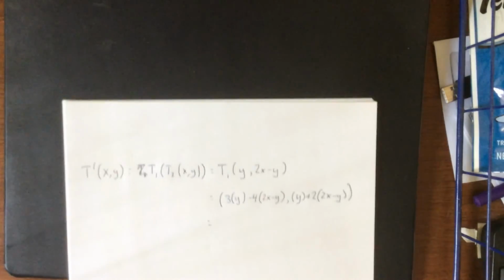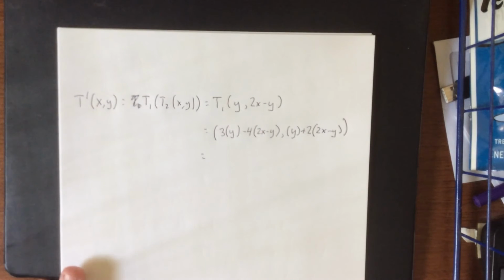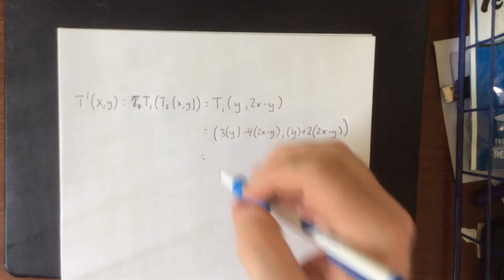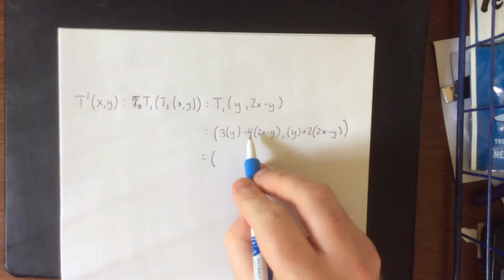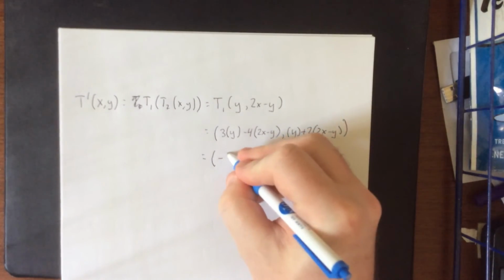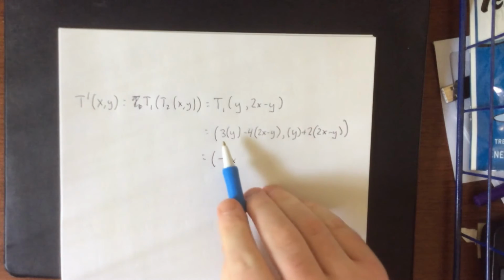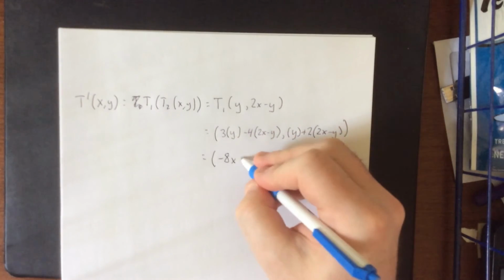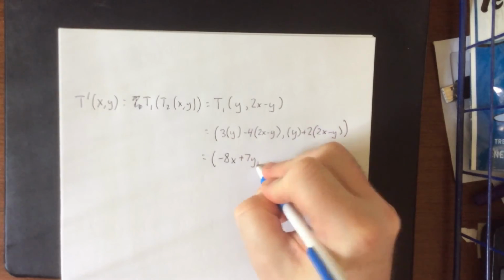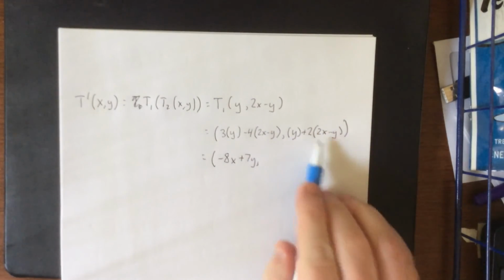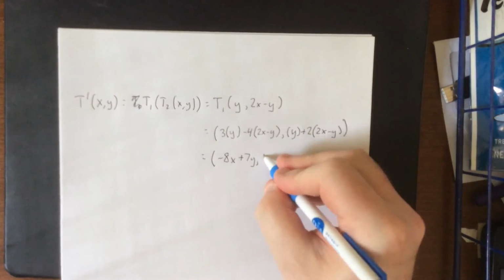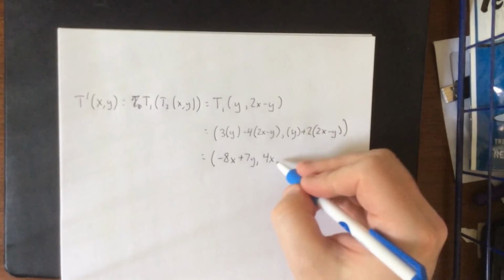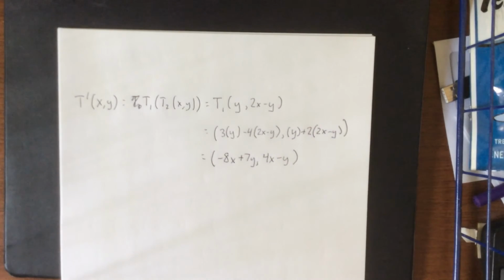Now that we have this copied down, let's recenter this. Once we distribute and combine like terms, for the first component I'm seeing negative 4 times 2x, and that's it for x. Then I see 3y minus 4 times negative y, that'll be plus 7y. Doing the same thing for the second component, 2 times 2x will give us 4x, and then y minus 2y will give us minus y.